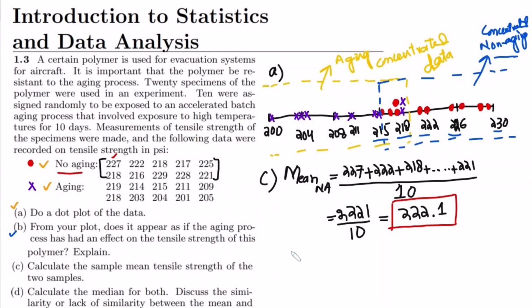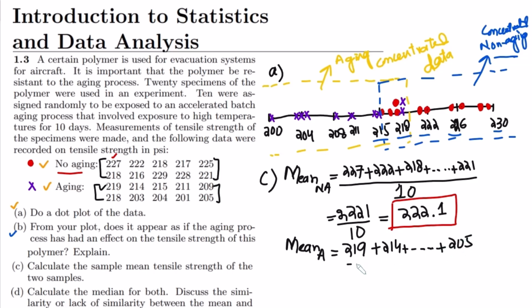Similarly, for the mean of the aging data, let me use this one here. Adding all the points here, what would I get? This would be 219 plus 214 up to the last point, which is 205.